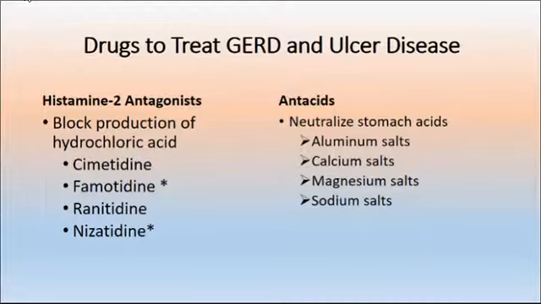Maalox is the best of them because it's combined, an aluminum calcium combination, so they have fewer side effects. No other medication should be given at the same time as an antacid, and an antacid should be taken 1 hour before or 2 hours after any other medication.